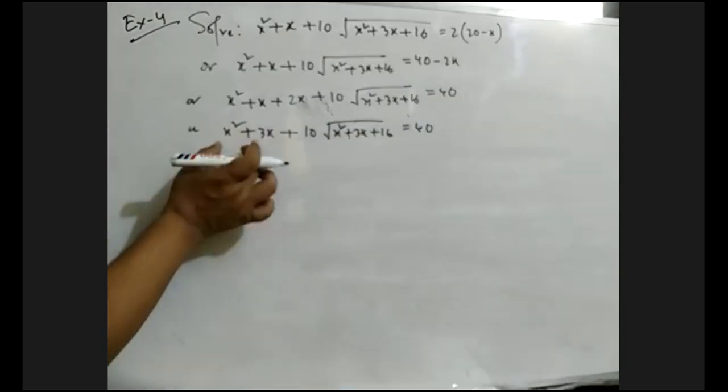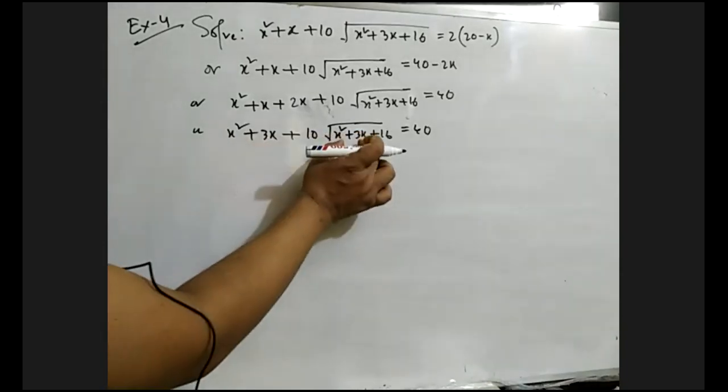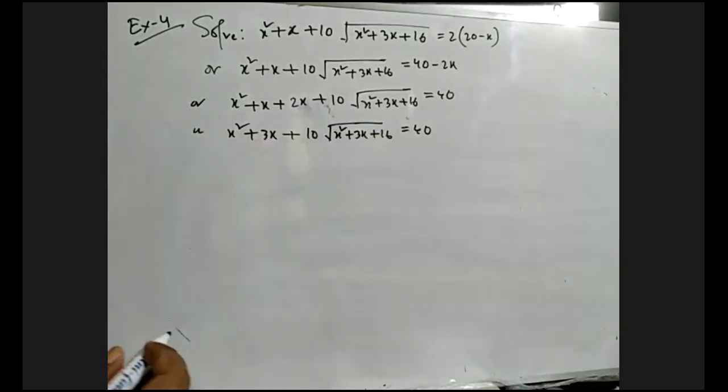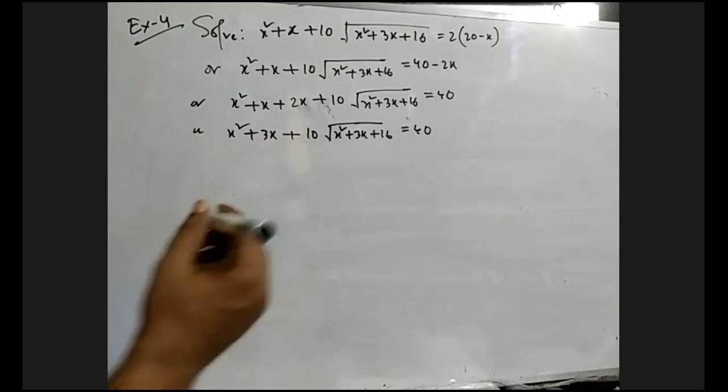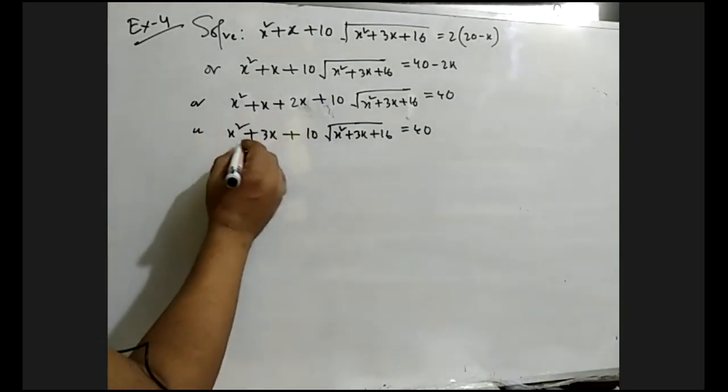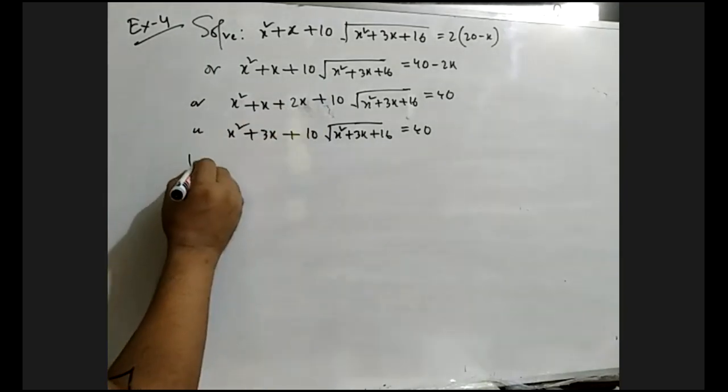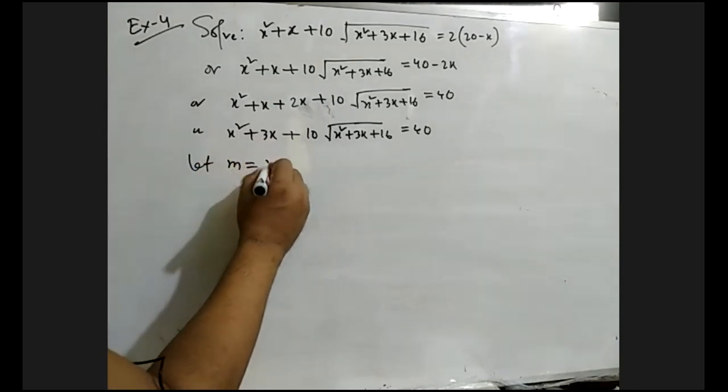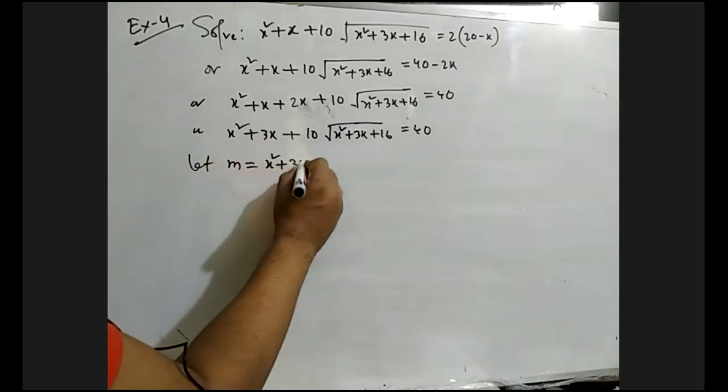Now this x square plus 3x and this x square plus 3x can be taken in a simpler form. Let us consider m equals x square plus 3x.